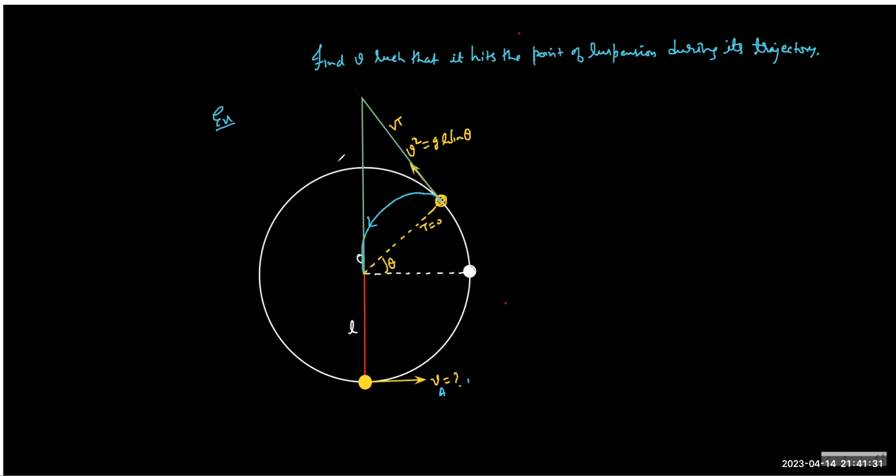And in the same time it will fall by half g t square. And this is the radius, and this is theta. So half g t square cos theta equals vt.